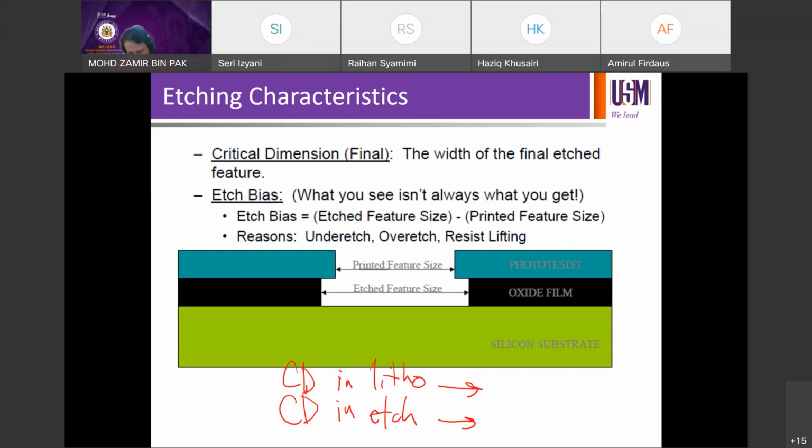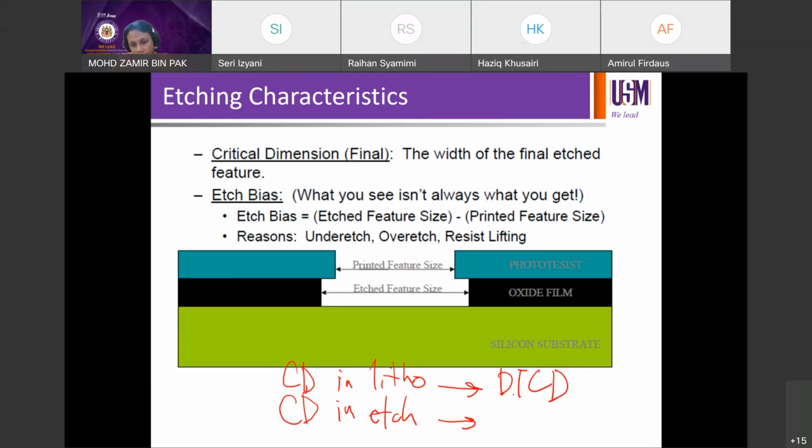What do you call the CD in lithography after lithography? What's the term? Anyone?